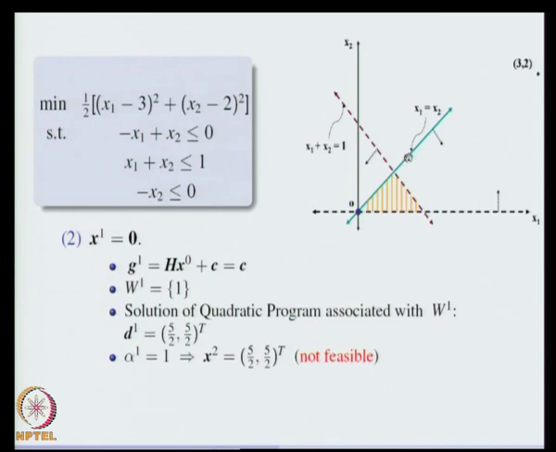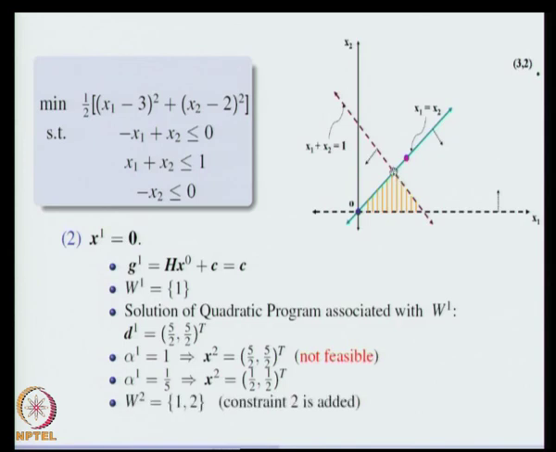This is the point here, and clearly this point is not feasible because we have crossed the feasible region. So, in such a case we need to backtrack. We need to move back along that direction till we have a feasible point, and that is obtained by backtracking, setting alpha 1 to be 1/5 in this case, to get x 2 to be half, which is the point here, at the intersection of these two constraints.